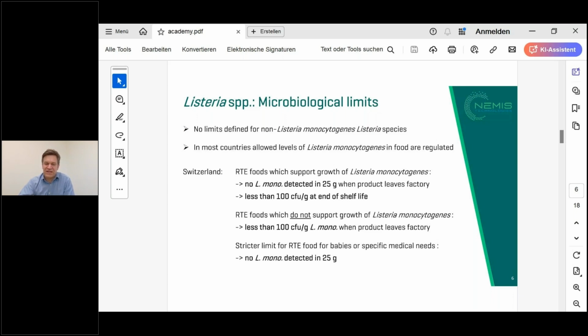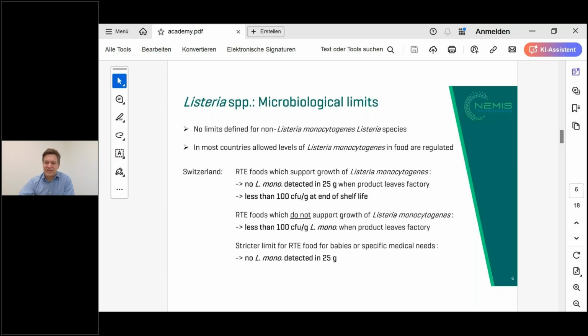So usually there are no limits for Listeria spp. as a general group of organisms. For example, in Switzerland, for ready-to-eat foods which can support the growth of Listeria monocytogenes, the rule is that no L. mono must be detected in 25 grams when the product leaves the factory, and less than 100 CFU per gram at the end of shelf life.